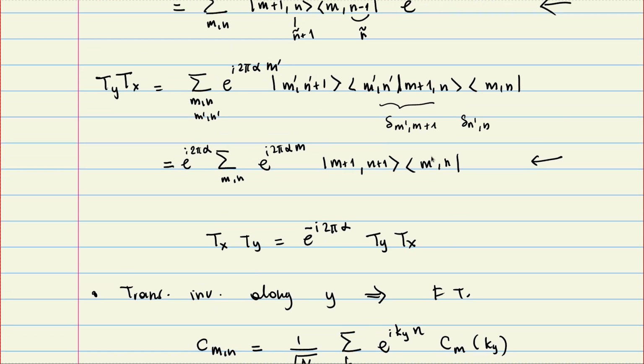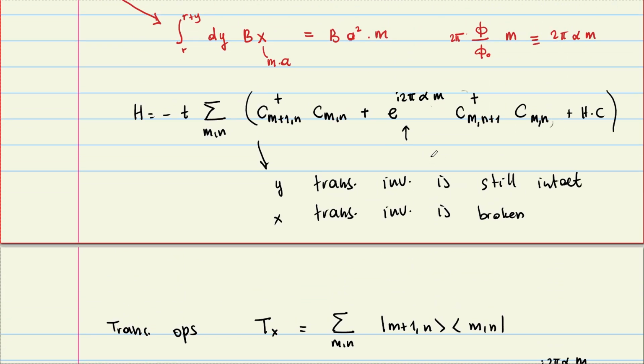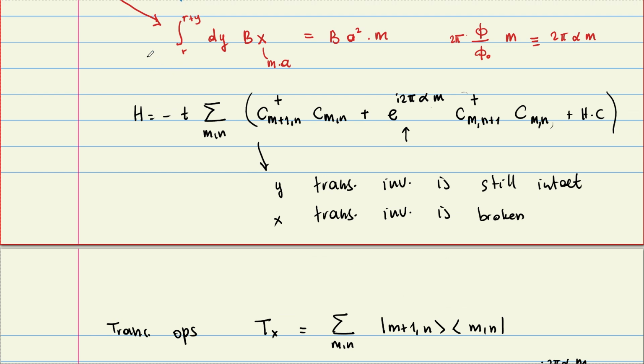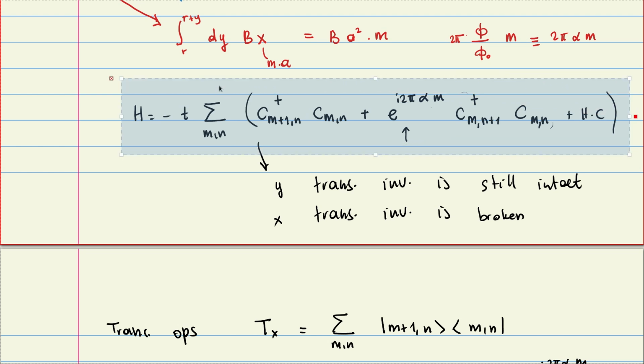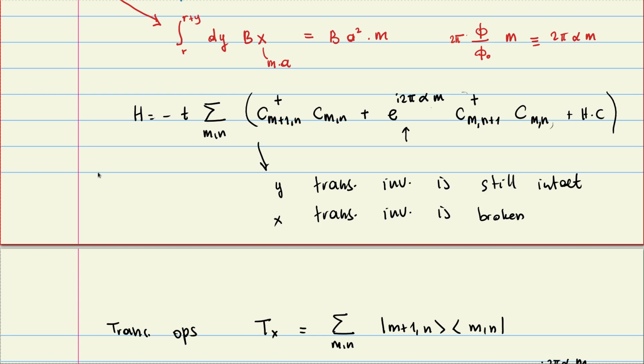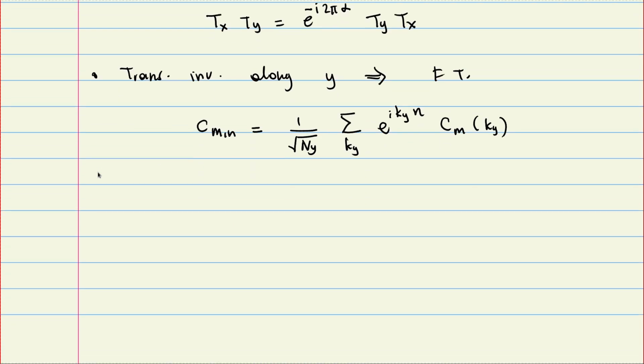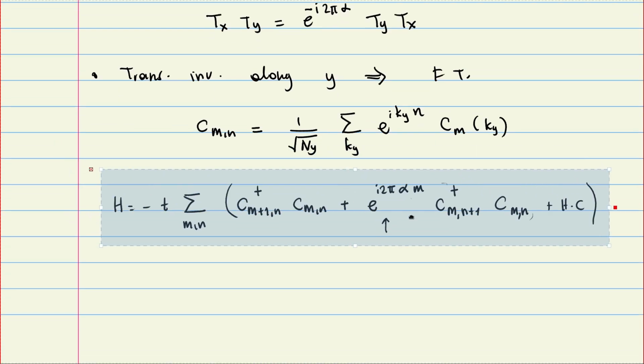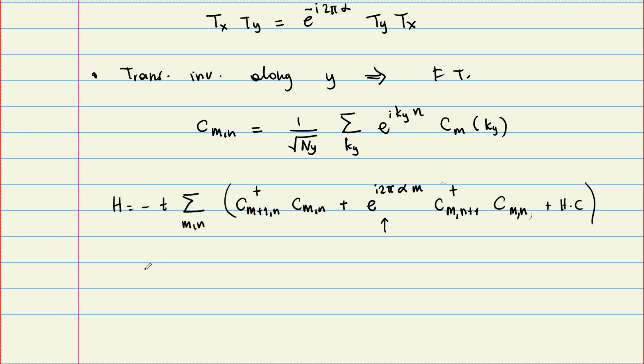So if you plug this into this Hamiltonian, let me just copy. I think at some point when you work with these things, you don't need to take the Fourier transform because you know which term gives what, so you can just write it, and that's what I'll do. And I'll try to motivate you. So this is going to be equal to minus t. So we are taking the translational invariance into account along n direction.